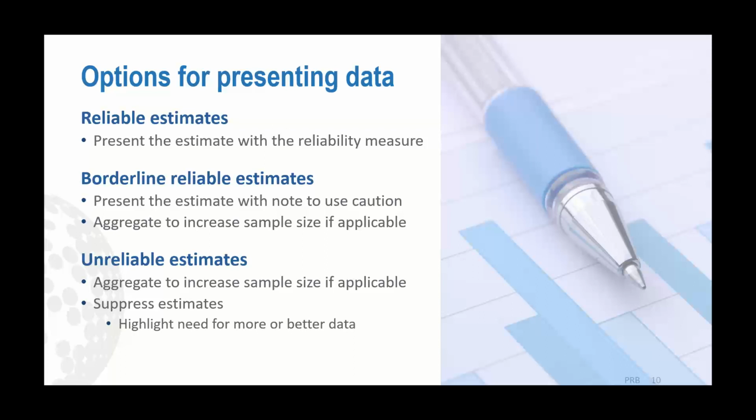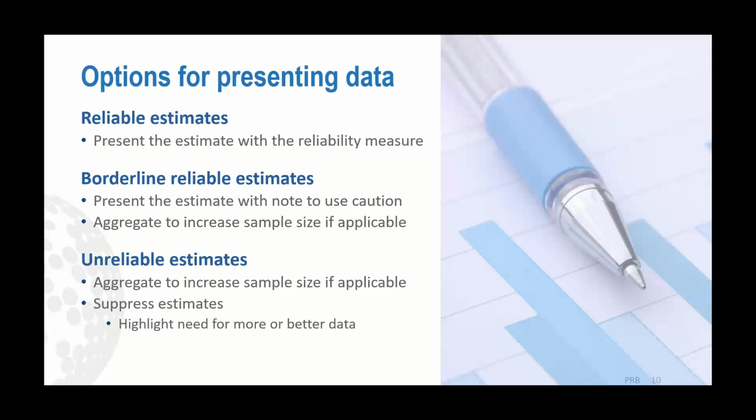Although these estimates could potentially be misleading because they may not be an accurate representation of the true population estimate, you may decide that providing some information is better than none. In this case, I generally would recommend that you show the estimate along with a reliability measure, along with a note that says it should be interpreted with caution.